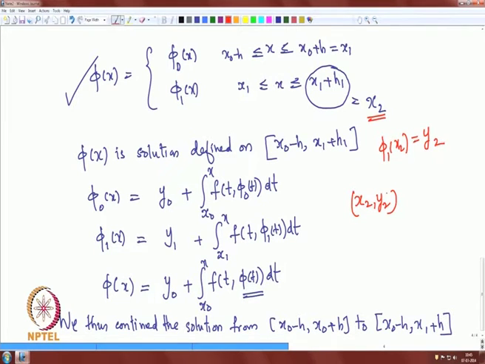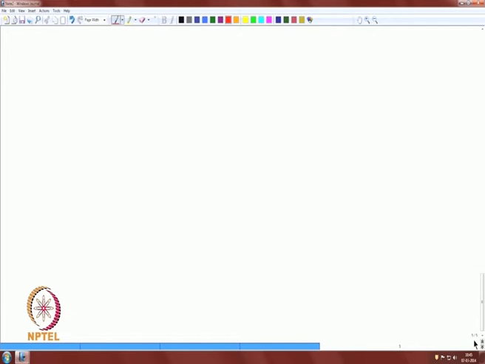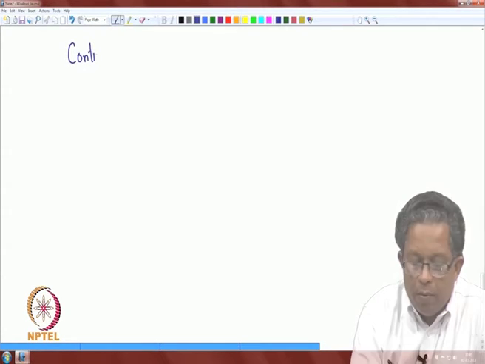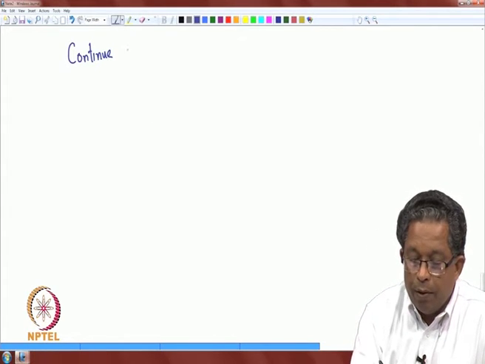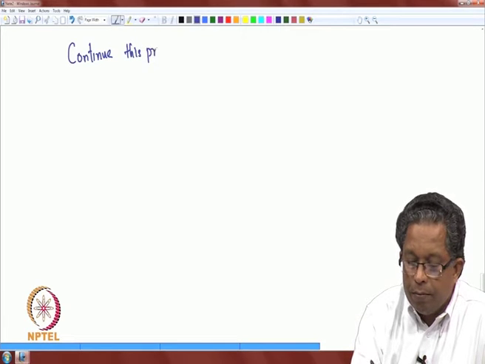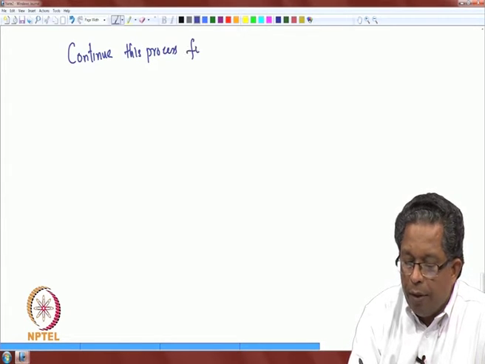Therefore, you can find an h, and continue further to get the interval of definition enlarged. So, we continue this process further.